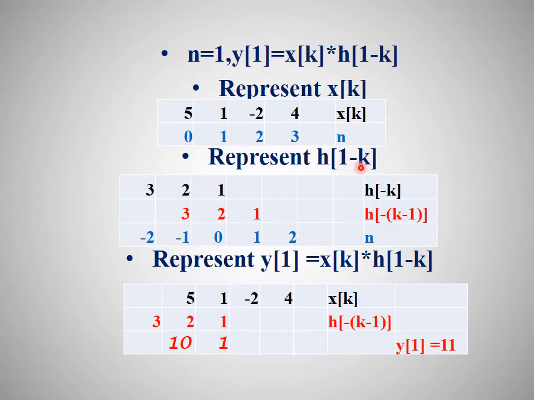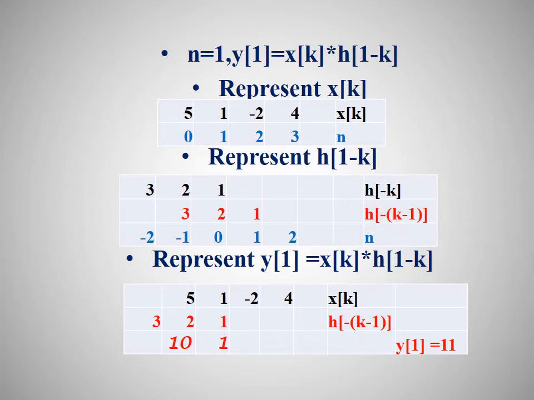H of 1 minus k could be written as, one part which we have already got is h of minus k. Going on similar means, we could represent it as h of minus of k minus 1, which gives us h of 1 minus k, which is the same as what is given here. This is exactly what we would like to do.